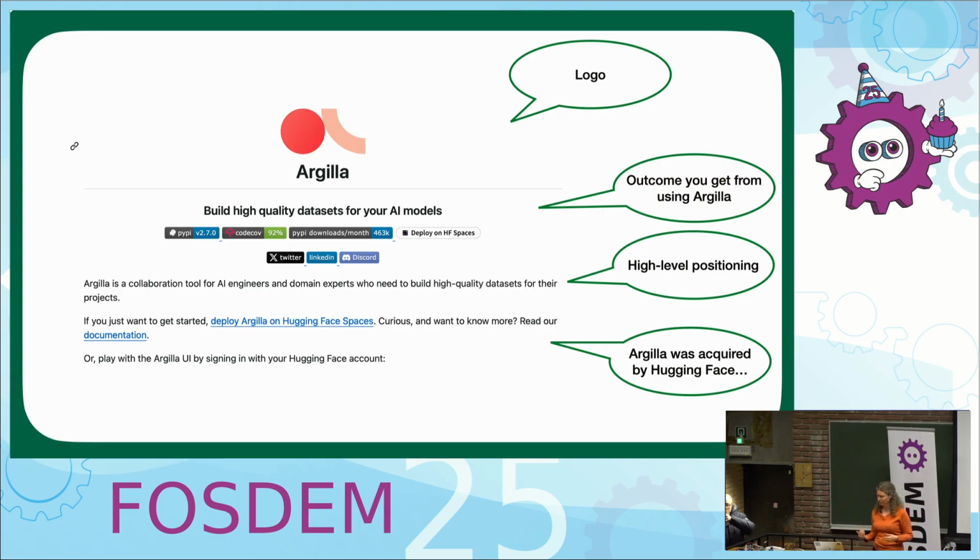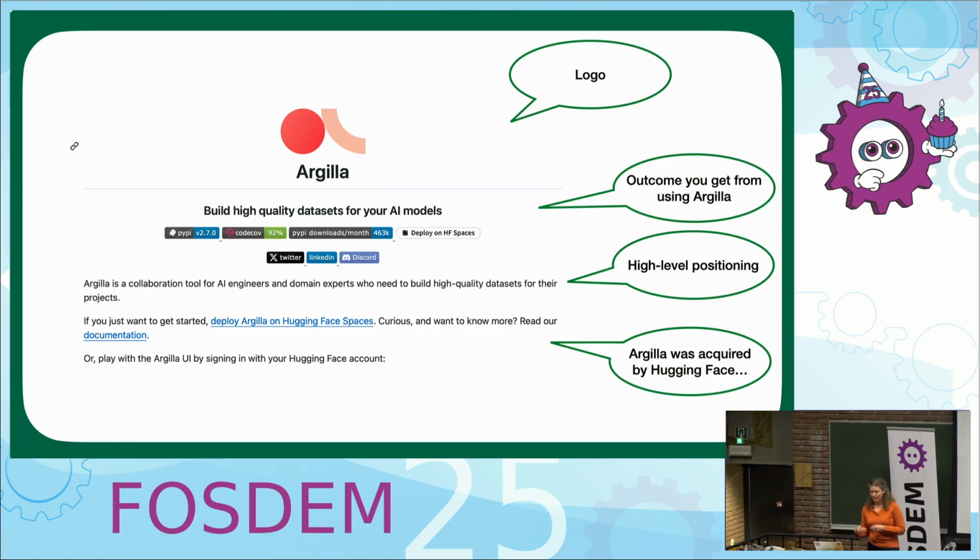So have a logo. And then the first line there says, build high quality datasets for your AI models. That is the outcome of using their project, and that's the thing that you really want to start with and put forward, because somebody is going to come to your project's README and say, that's the outcome that I want, now I want to get started.